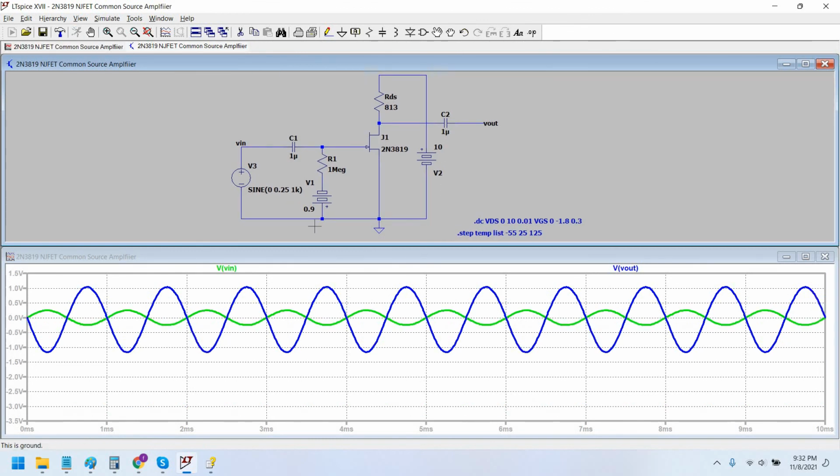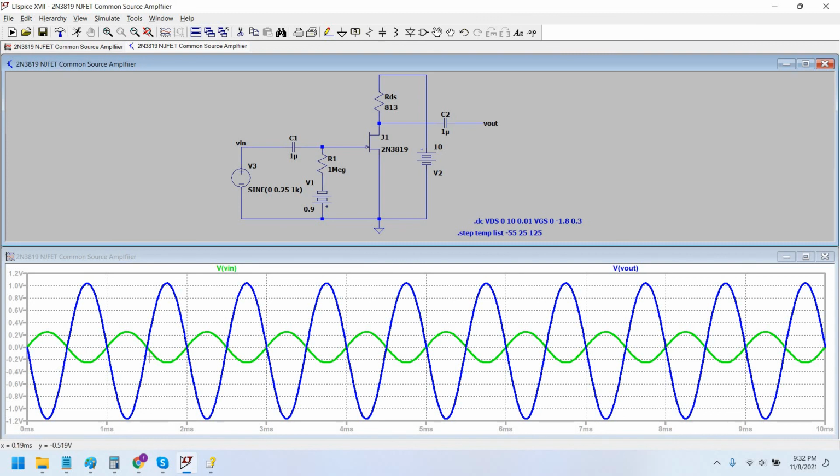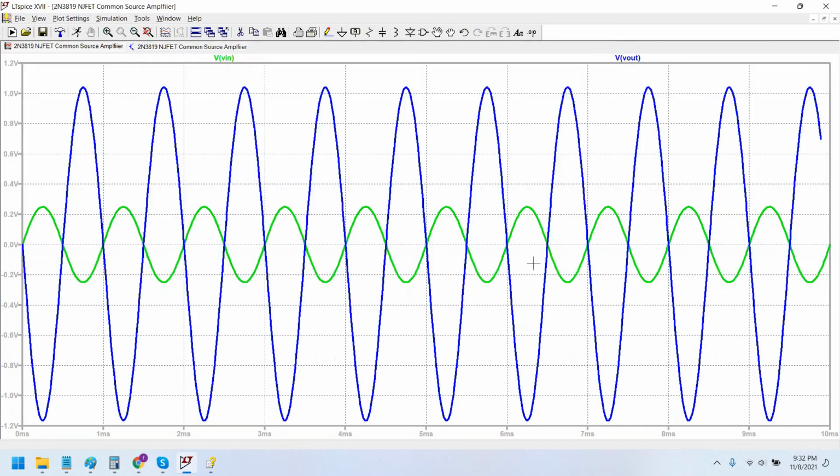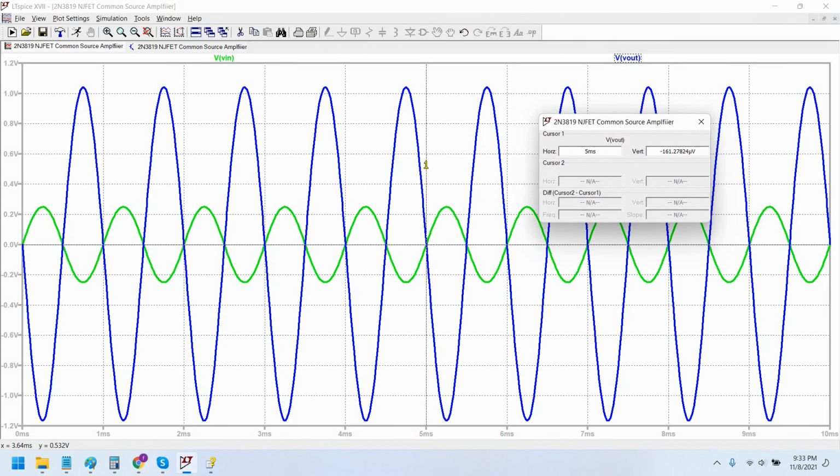Now let's resimulate. Okay, now as you can see, the output and input are 180 degrees out of phase with each other, and the output is significantly amplified. We can see with the marker this is 1.039 volt positive peak, and the negative peak is minus 1.164 volt.